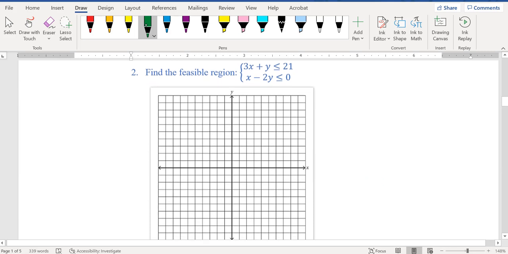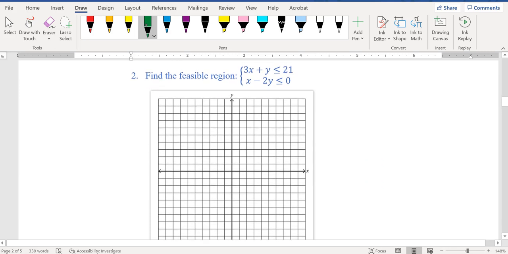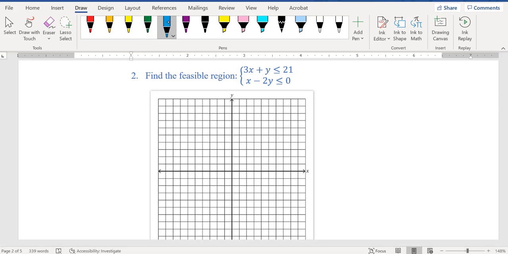Let's do this again. Find the feasible region: 3x plus y less than or equal to 21. If I were to graph 3x plus y equals 21, I would have y equals negative 3x plus 21.